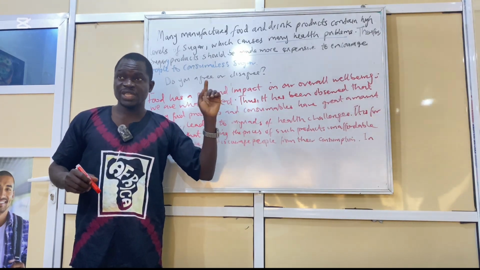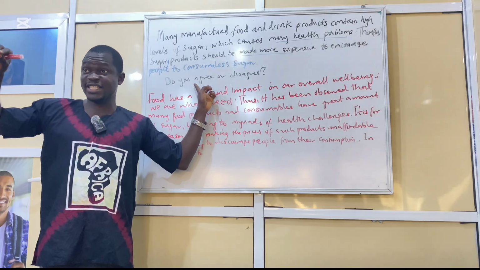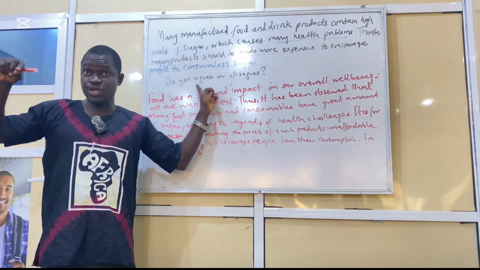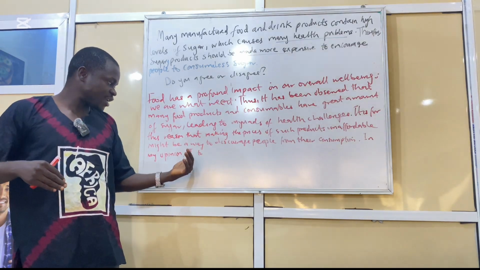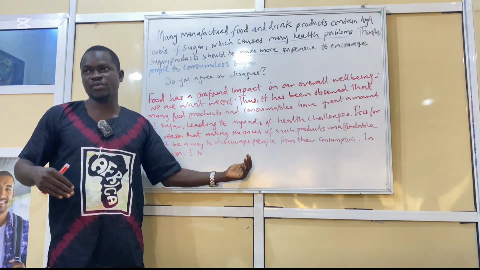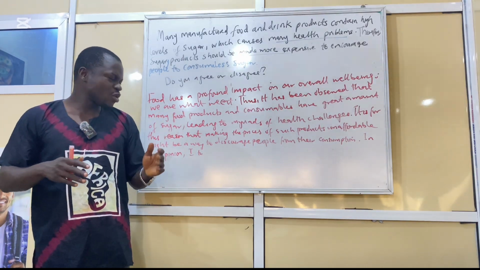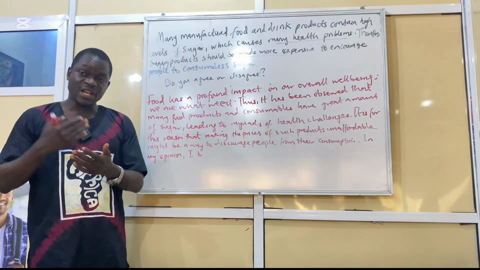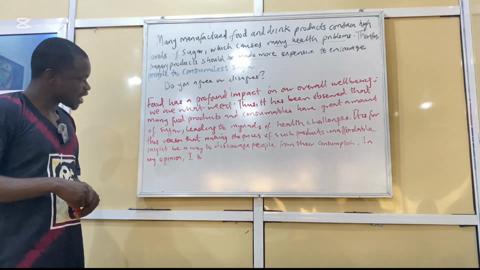But since it could be, to what extent do you agree or disagree, or it could be, do you agree or disagree? If they say to what extent do you agree, then I say I totally oppose this view. But since they just said, do you agree, I may not want to show the extent. But if they ask you to what extent, then show the extent by using an adverb.